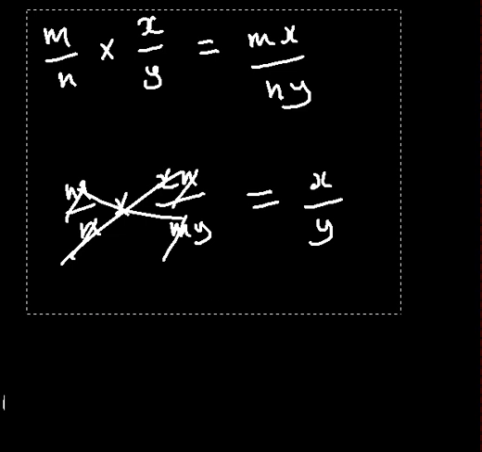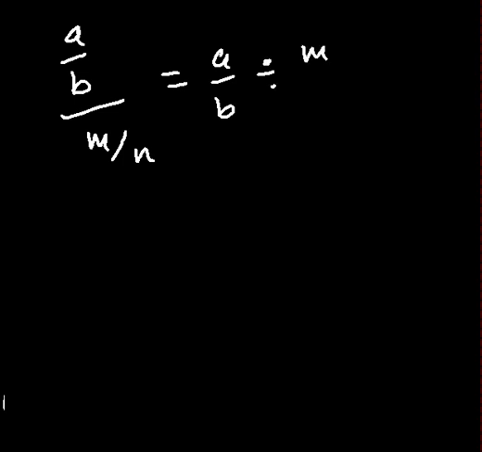And likewise, if we have a over b divided by m over n, you should understand that this is the same as a over b times n over m.